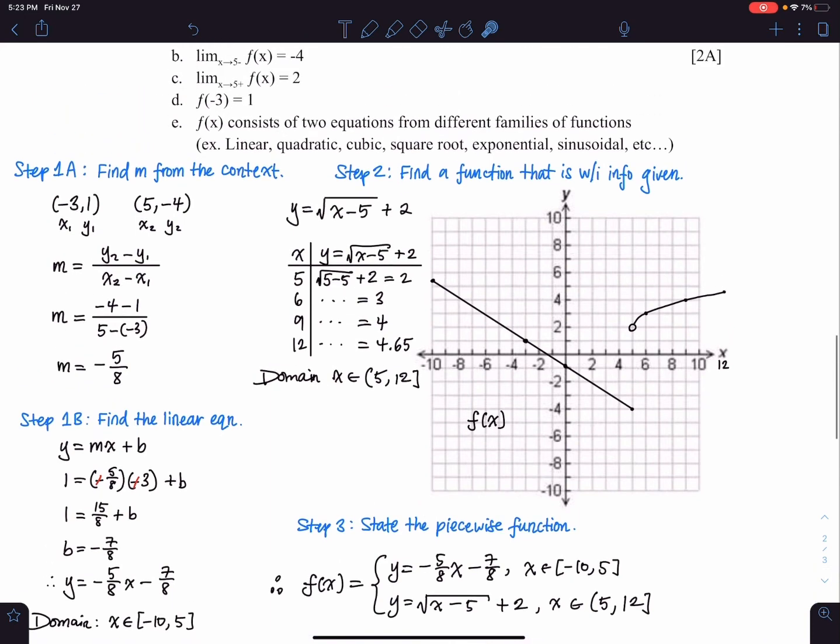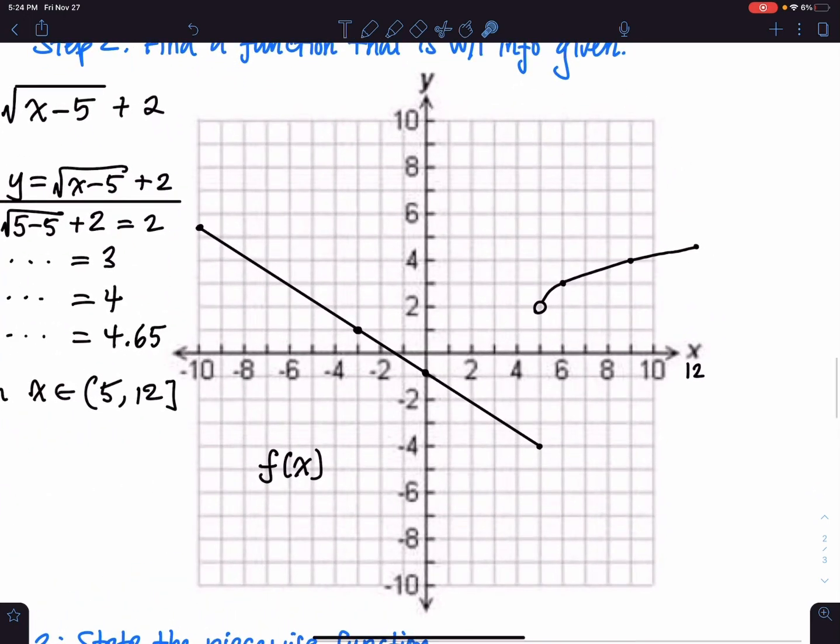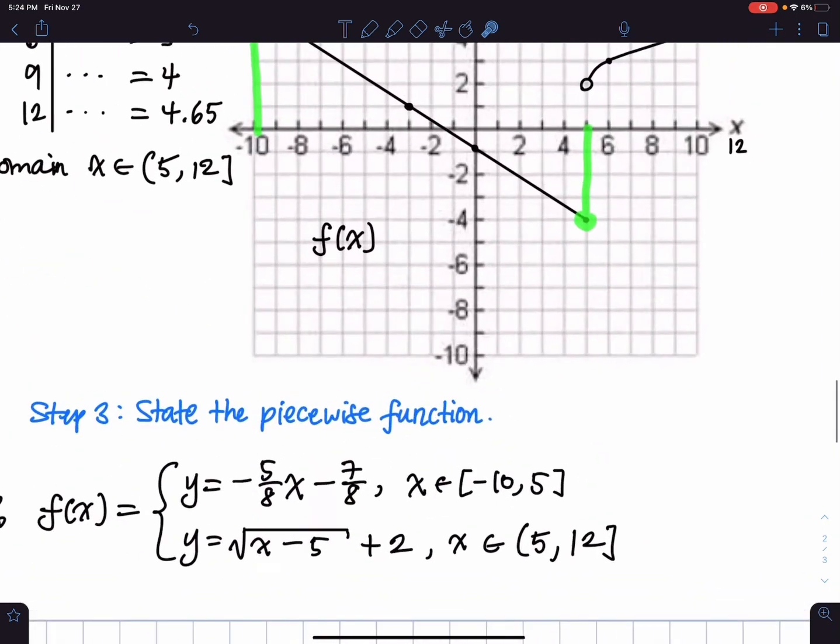Some students lose marks in communication on where they put the holes and the solid dots. So be sure that when you're stating that the function hits that point, it needs to be a solid dot. Notice that this value is minus 10 and this value is 5. I've specified that in the interval notation in the piecewise function. So it hits minus 10 and it hits positive 5.